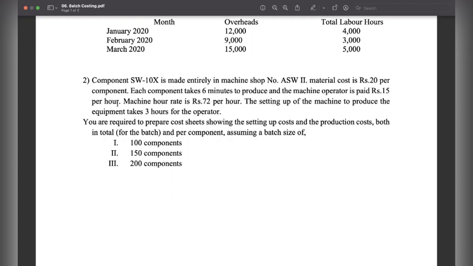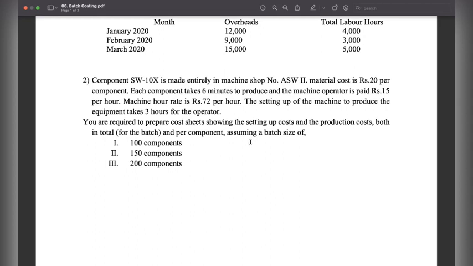Okay, so what do we need to do normally? We need to find out the total hours taken to produce these components. Machine hour rate is 72 per hour, right?